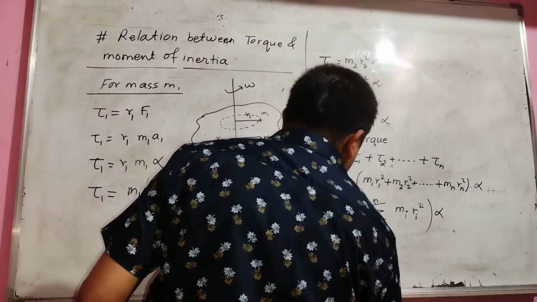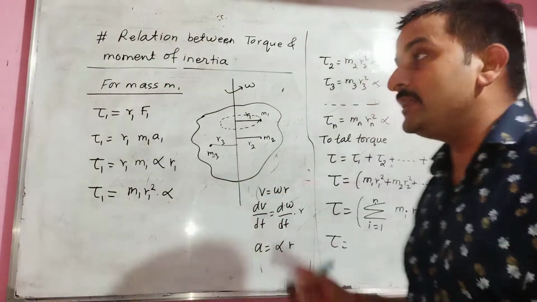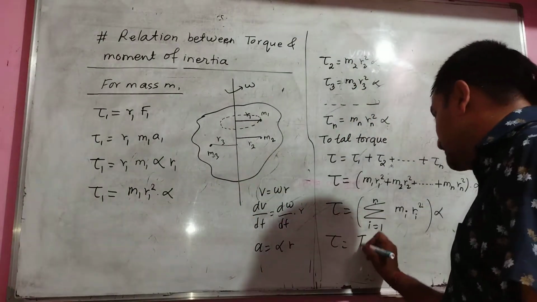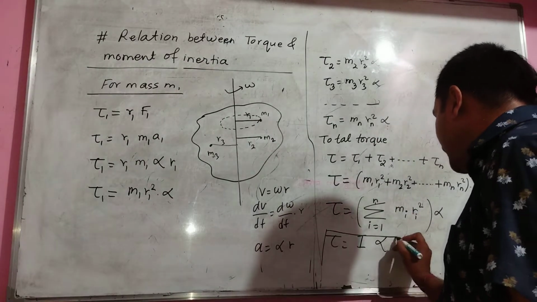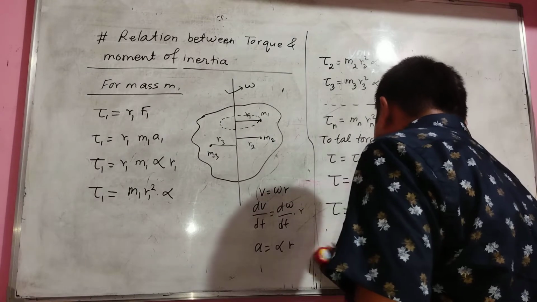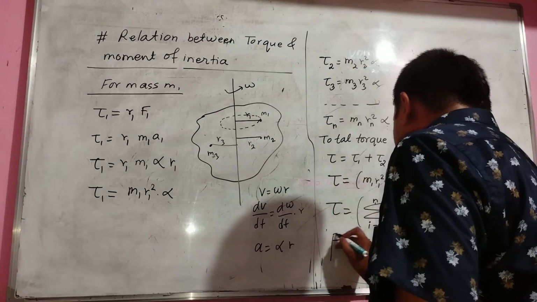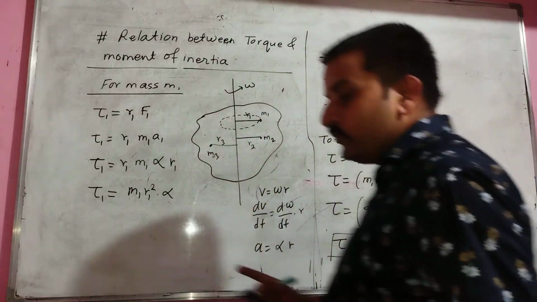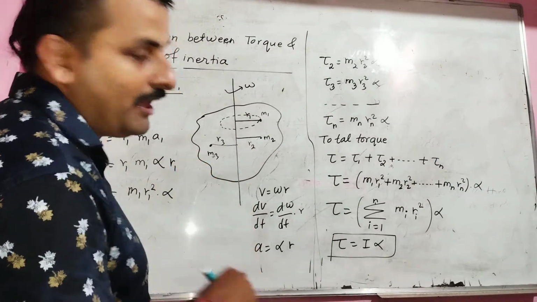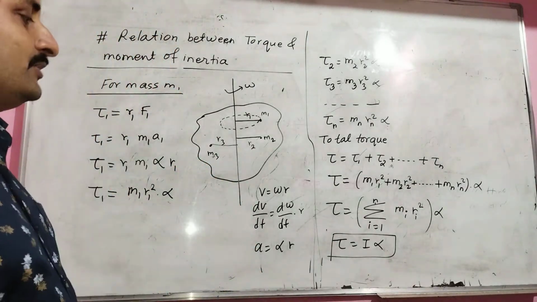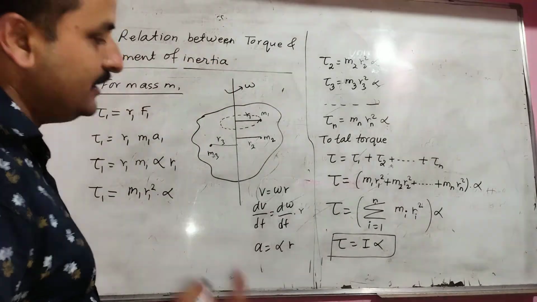This summation of mi ri square is the moment of inertia, and alpha is already there. So tau is equal to I alpha. This is the relation that we wanted to derive between torque and the moment of inertia.